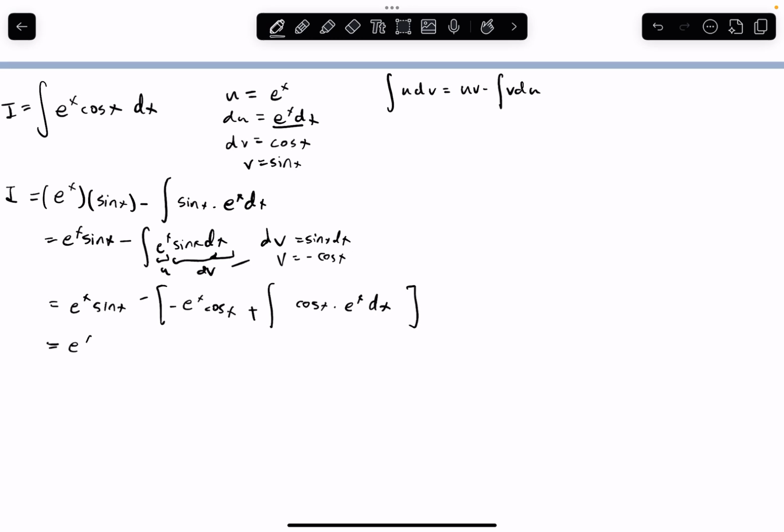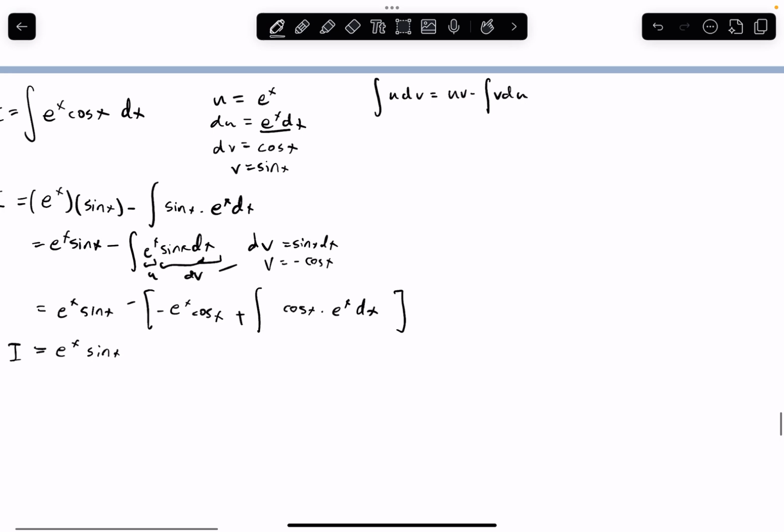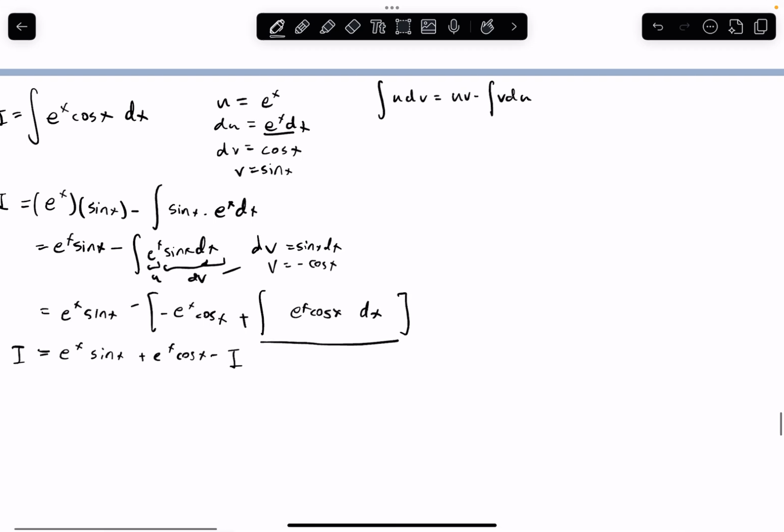Now we can just evaluate this, so we know that I is equal to e to the x sine x plus e to the x cosine x minus, but if you look at this right here, we can rewrite this as e to the x cosine x, and this right here is the exact same as this. So we can just say this is equal to I, and we distribute the negative sign.